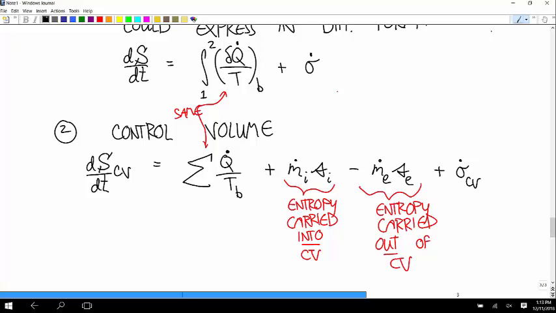Okay, who remembers what kind of processes we dealt with when we were talking about control volumes? That was when we talked about those specific categories of devices: turbines, pumps, compressors, nozzles, that kind of stuff.